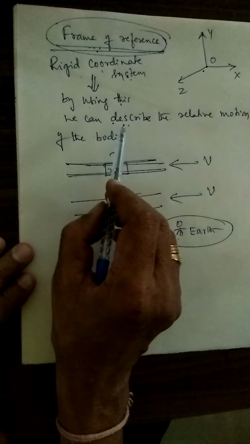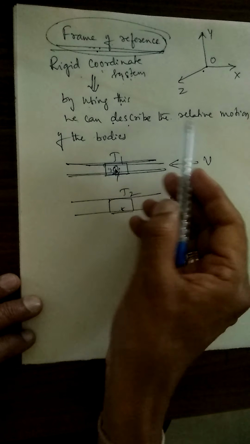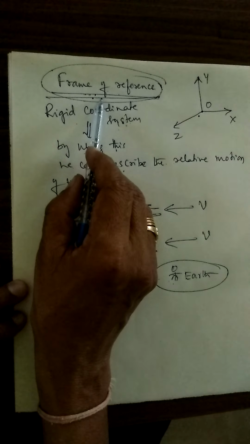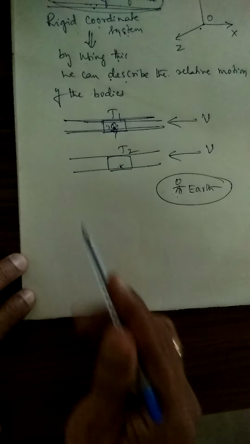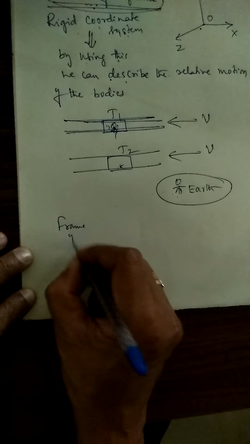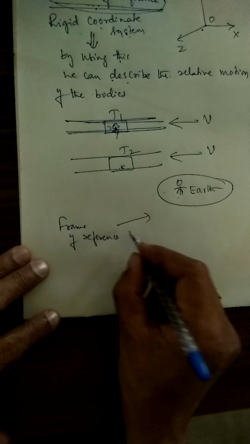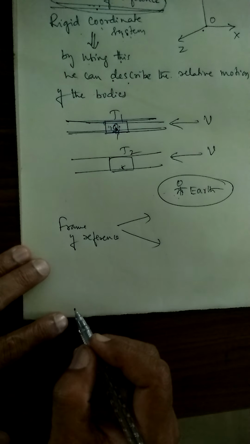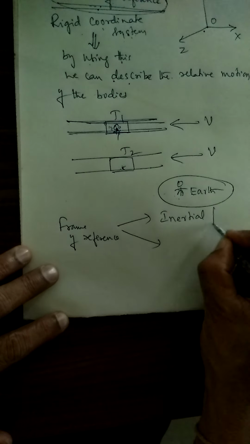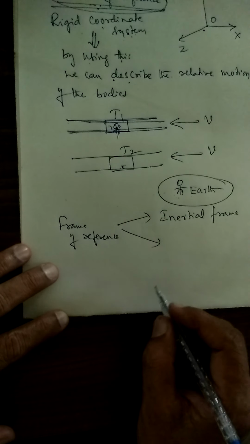Using that, the bodies, whether they are at rest or moving, having a relative motion, all these ideas we can explain by using a frame of reference. There are two types of frames of reference.